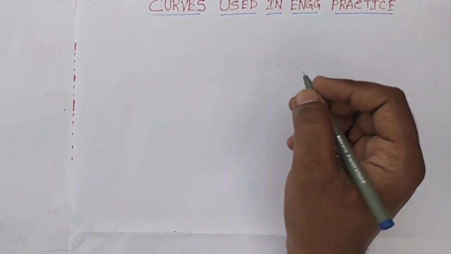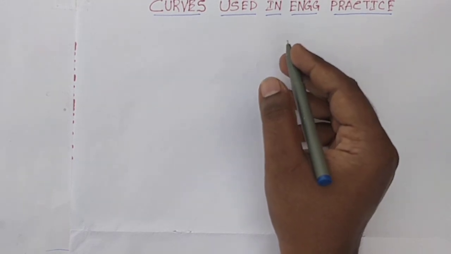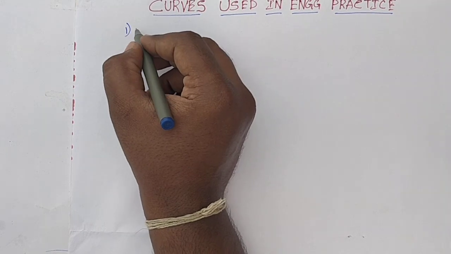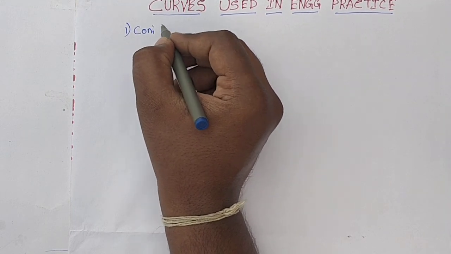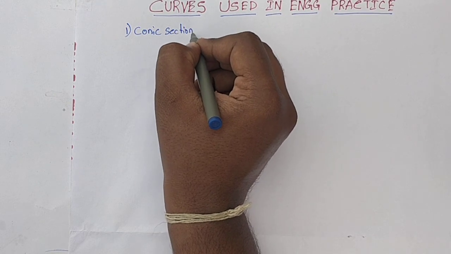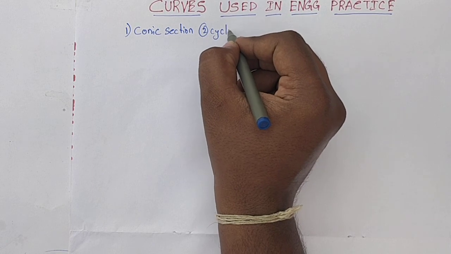First, I am going to explain the different curves used in engineering practice. The first one is conic sections. Second one, cycloids.